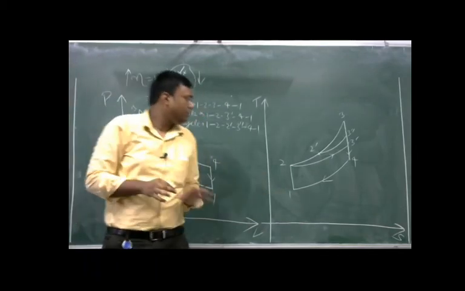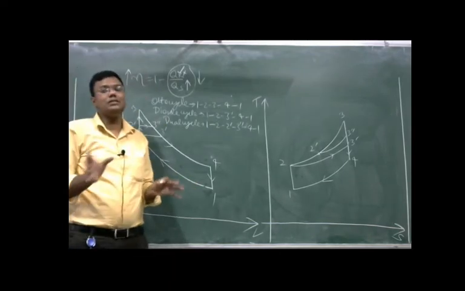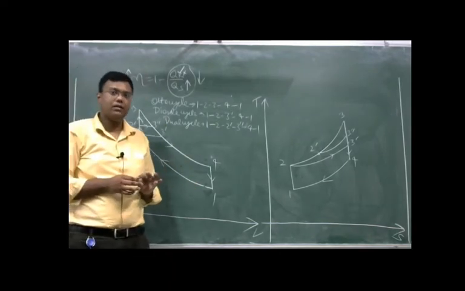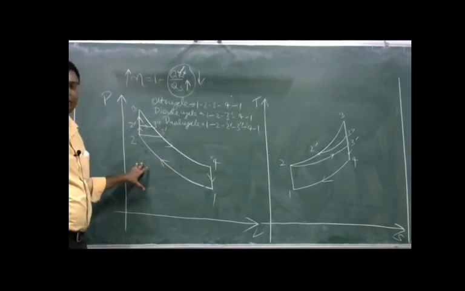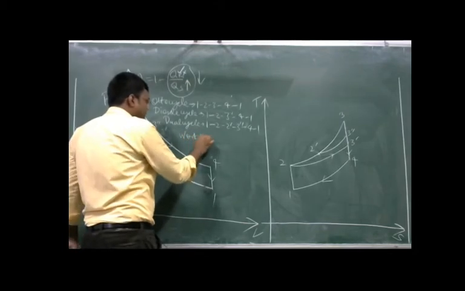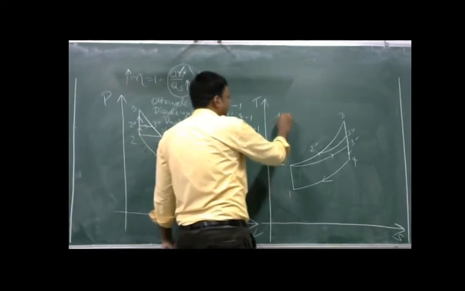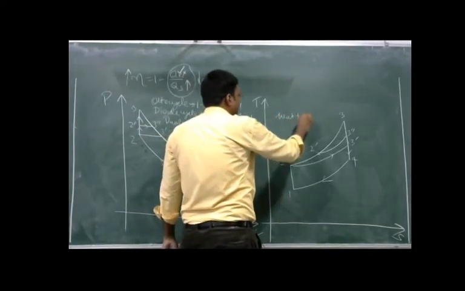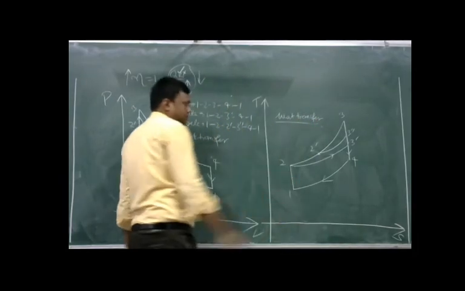We can easily see this from the TS diagram, because I told you previously that heat transfer can only be seen on the TS diagram. On the PV diagram we can only see work transfer. But if you want to see heat transfer, then we have to go to the TS diagram.